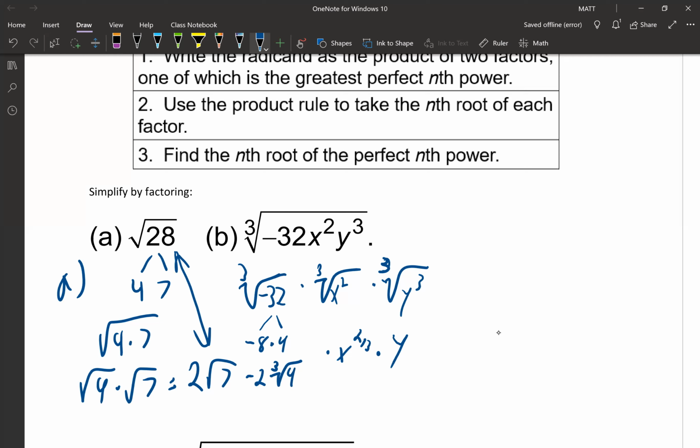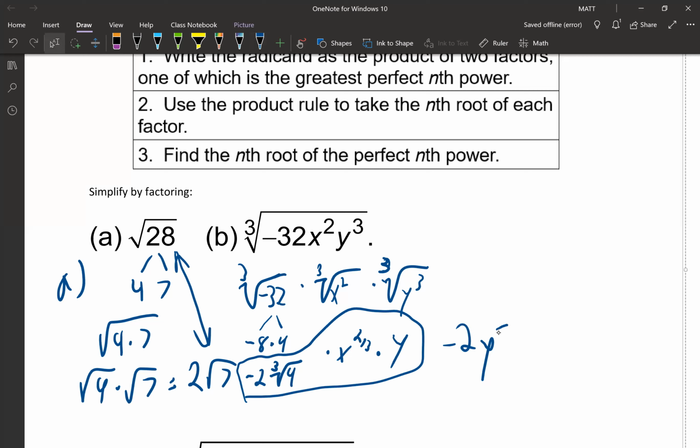So our final answer is these three strung together. I could also write it, if I wanted to leave x in the radical notation, as negative 2y times the third root of 4x squared. So that's also a final answer.